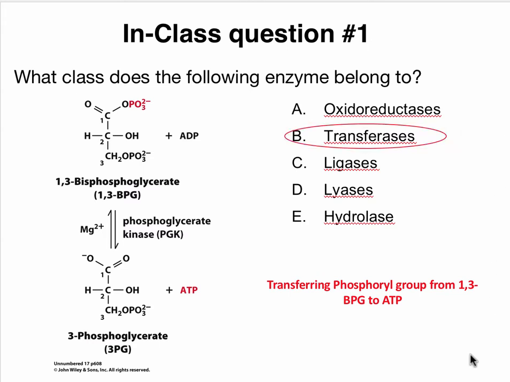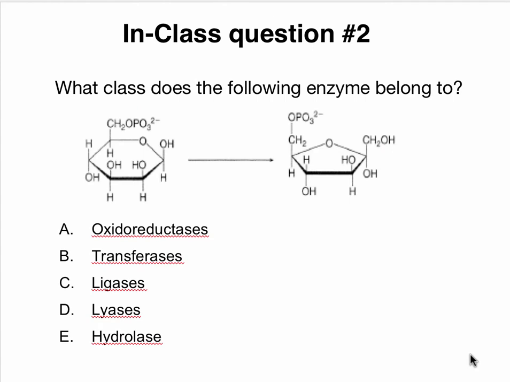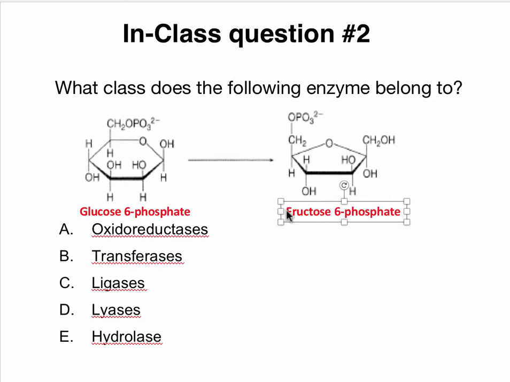All right. So the last example that I want to talk about today is this classification, where we're converting glucose 6-phosphate to fructose 6-phosphate, which is another sugar. And we'll again see this. All of these are glycolytic enzymes. So this is preparing us for our metabolism portion of the semester.